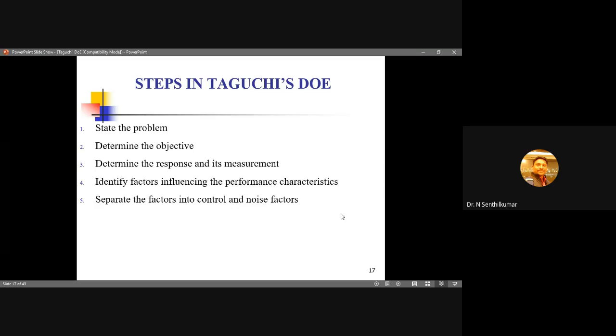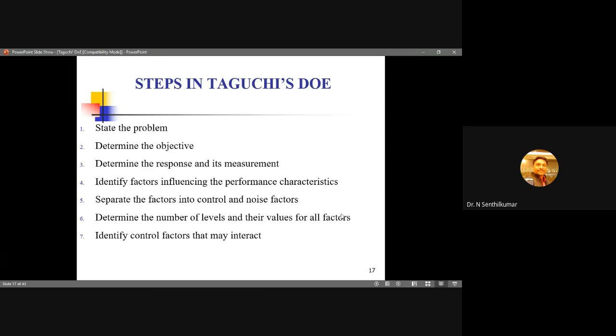Noise factors we cannot control, so we have to leave them out and control them externally. Then determine the number of levels. As told previously, the number of levels will be decided based on the range of the experiment. If the range is small, then a small number of level values can be chosen. If the range is large enough, then a higher number of level values can be selected.